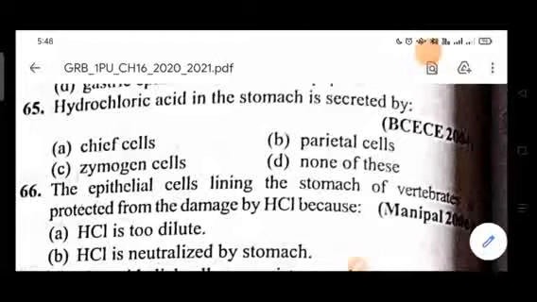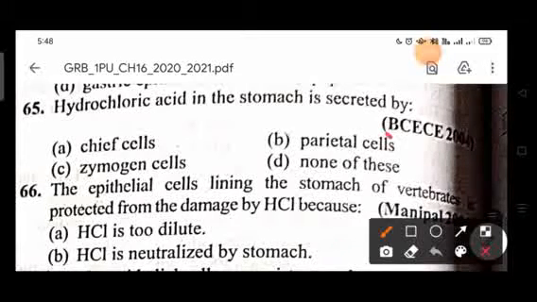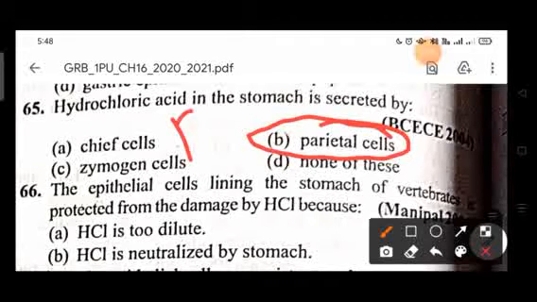The other name of parietal cells is oxyntic cells. So the answer is B. B option is the right option.